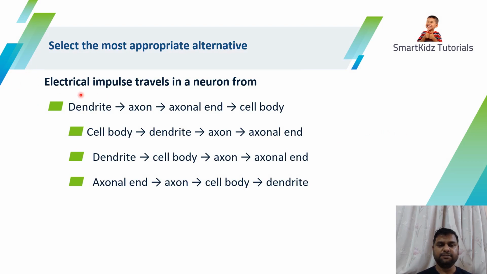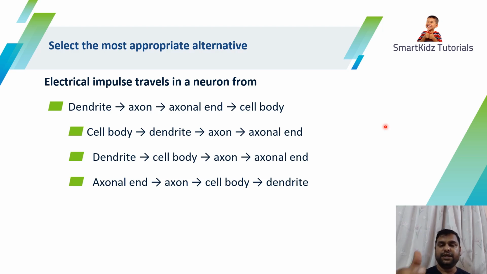Once again, this is the second MCQ type question. Electrical impulse travels in a neuron from, and a sequence of events is given. If you look at the diagram of a neuron, first you have its head. The head has, like you can say, hairs coming out from that head. Those are the dendrites, which receive the signal.